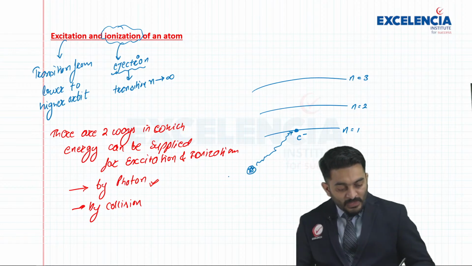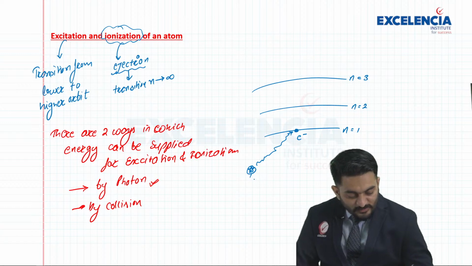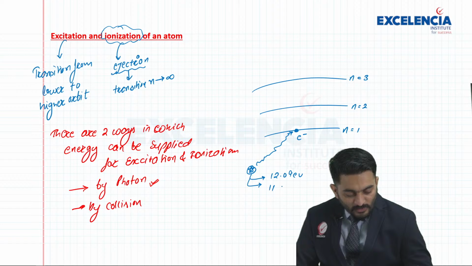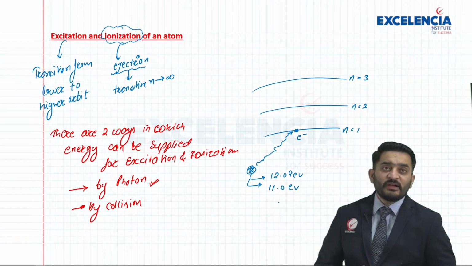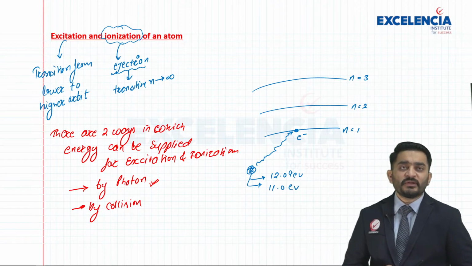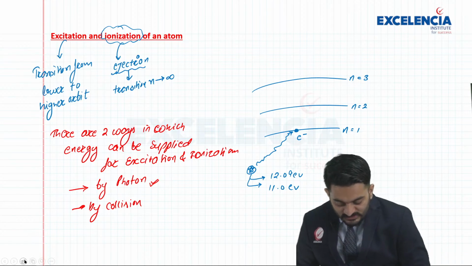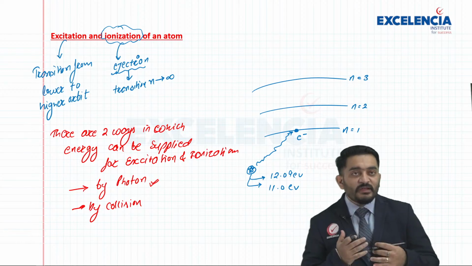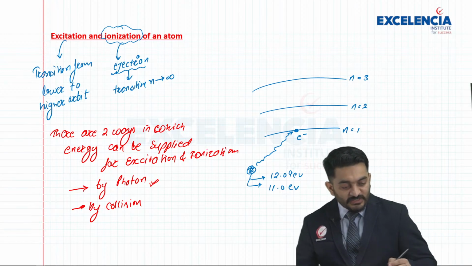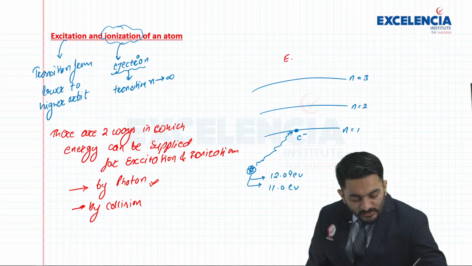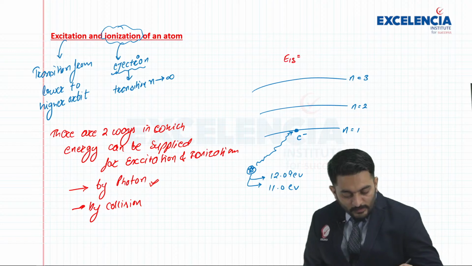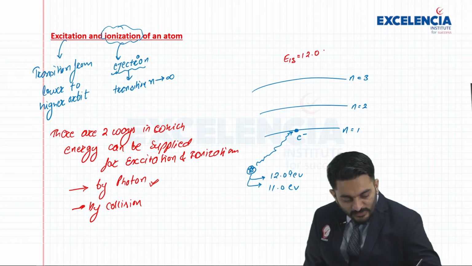Let me take two cases: the energy provided is 12.09 electron volt, or it is 11.0 electron volt. I have given you the energy difference: the transition from 1 to 3 has a value of 12.09 electron volt.